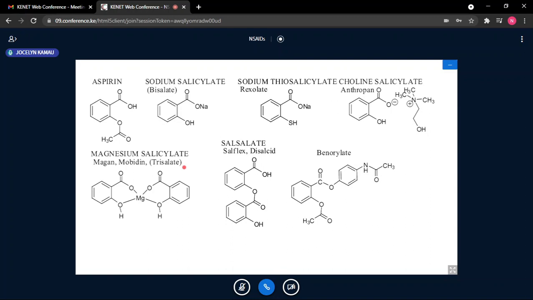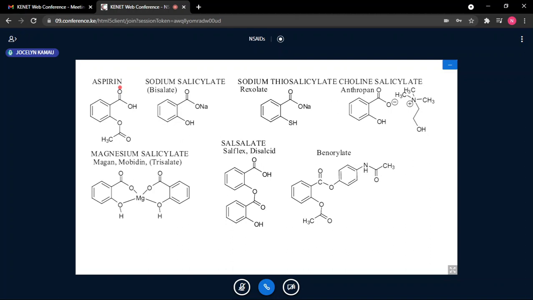So these are the salicylates. We are looking at examples of the carboxylic acids or the salicylates. You can see the first one is the acetyl. You can see this group here, CH3 C double bond O. That group is the acetyl. Remember, salicylic acid is a carboxylic group there plus an OH group here.